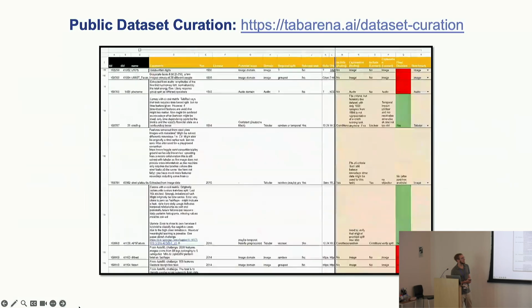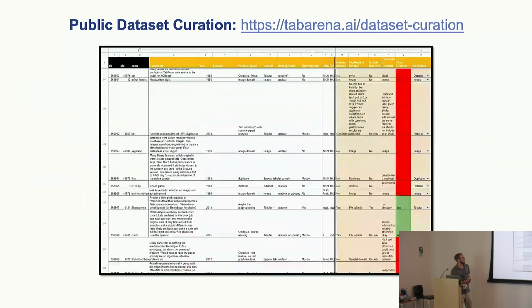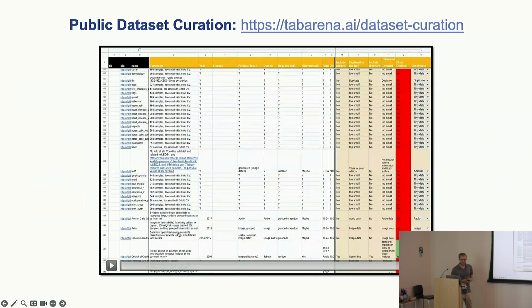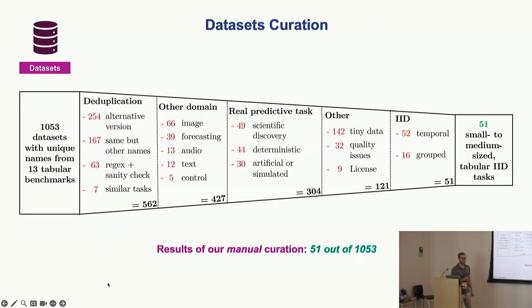We had written reasons for every single dataset as to why or why not it is included. All of that to get to 51 datasets, to give you an idea of how many datasets in these benchmarks in the past were very low quality.